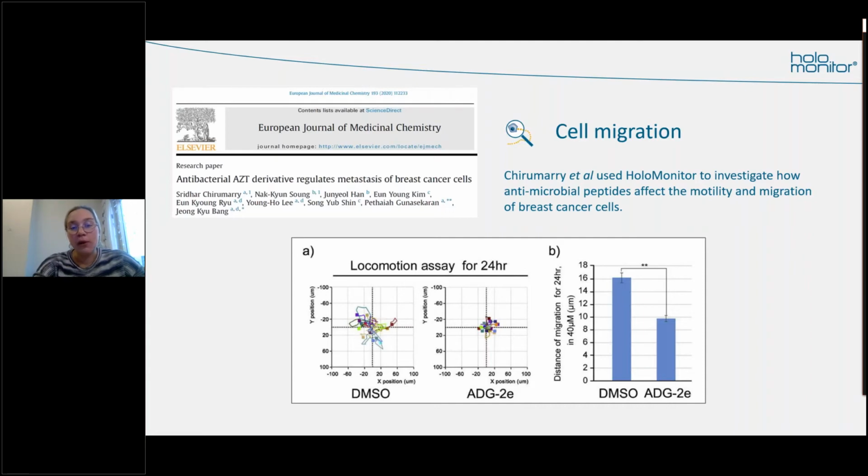The first example I would like to share with you is from a publication by Chirumarry and colleagues that used the HoloMonitor to investigate how antimicrobial peptides affect the motility and migration of breast cancer cells. And as you can see in these graphs, the addition of peptide lowered the motility and migration of the cells compared to DMSO-treated cells.